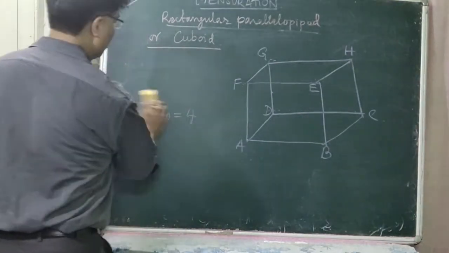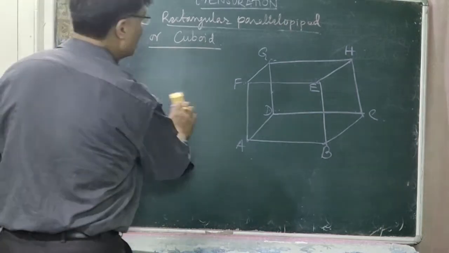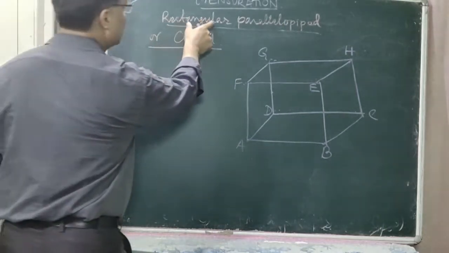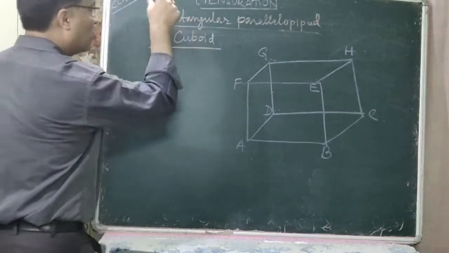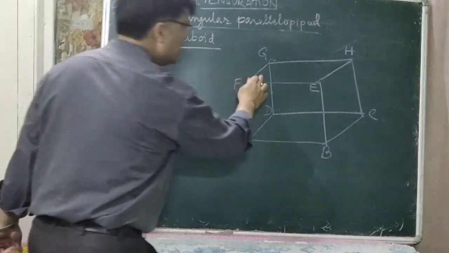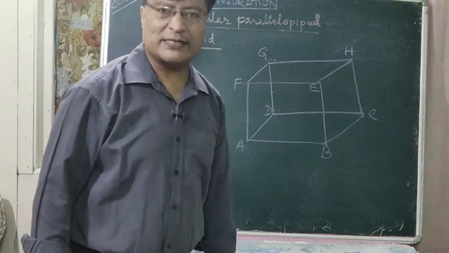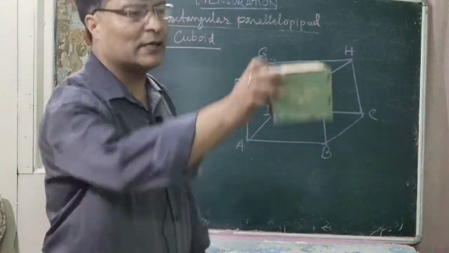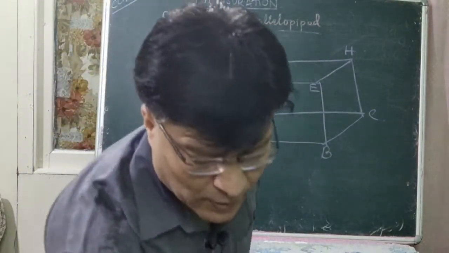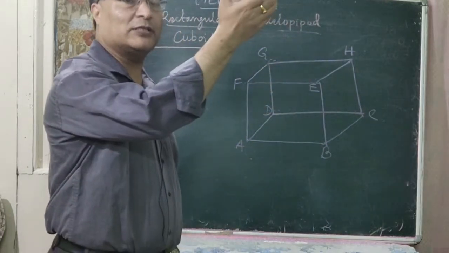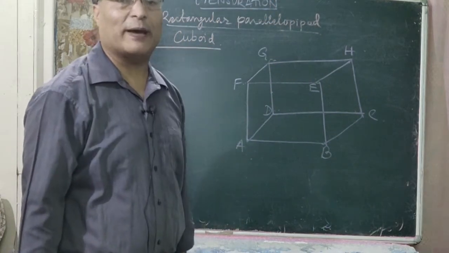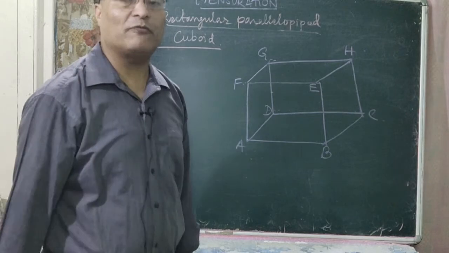Okay, next. Now let us write down number 1. This rectangular parallelopiped or it is also known as cuboid and this type of figure is known as what? Rectangular parallelopiped. That means this type of figure or this type of figure is known as rectangular parallelopiped. You can take the example of a room also.